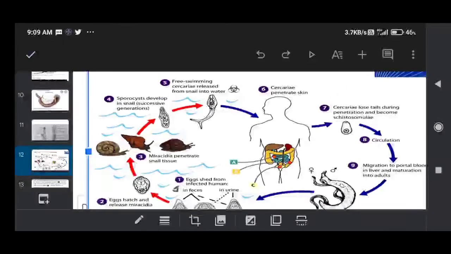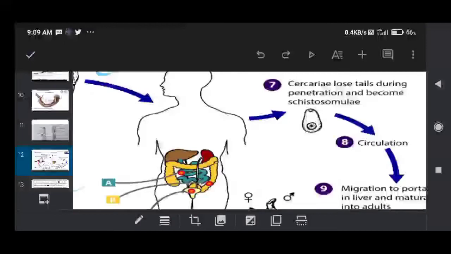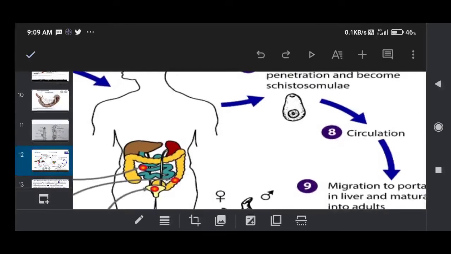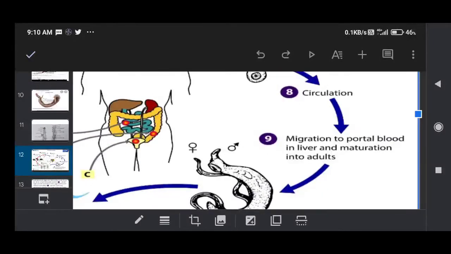The Cercaria larva loses the tail, and it forms a schistosomula. This schistosomula enters the circulation and reaches the heart, lungs, and liver, and finally it migrates to the portal blood vessels in the liver and matures into adults.